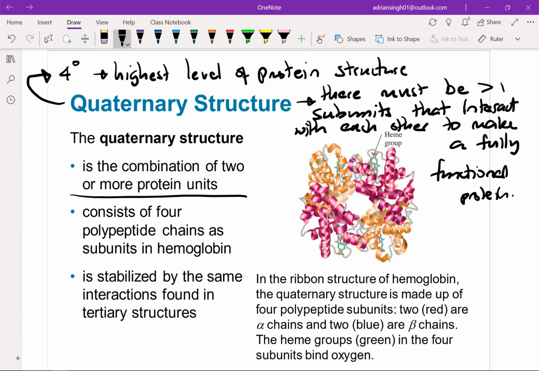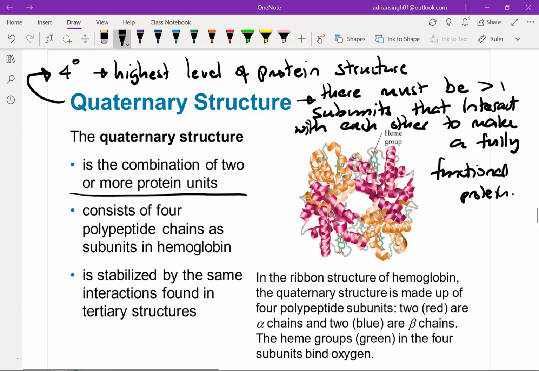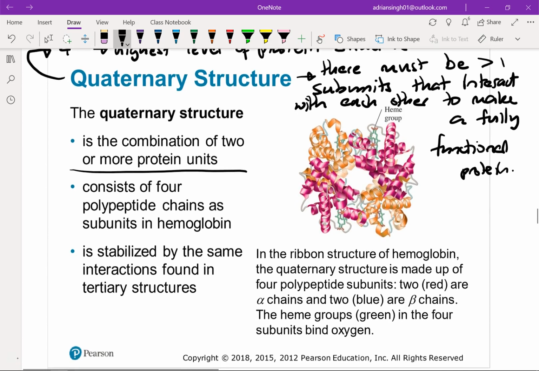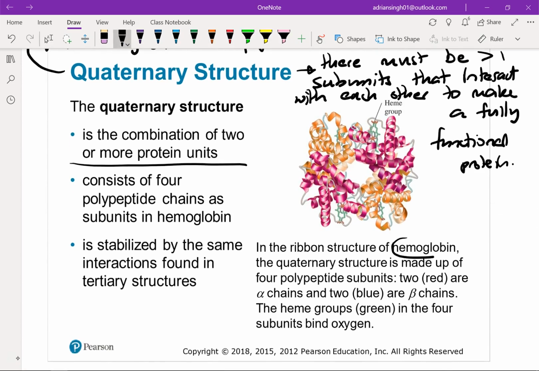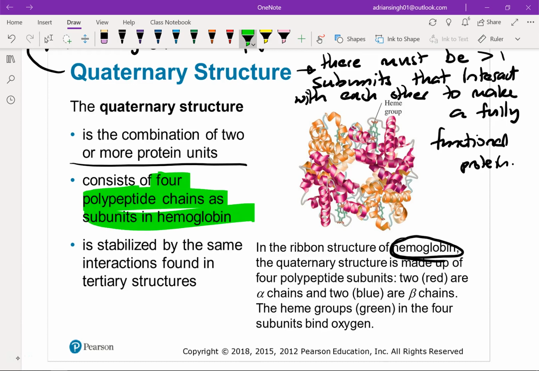Right? So, for example, probably the most common example of a protein that has quaternary structure is something known as hemoglobin. Right? Hemoglobin is a protein you find in your blood that is responsible for transporting oxygen. And hemoglobin is made up of 4 subunits, 4 polypeptide chains.